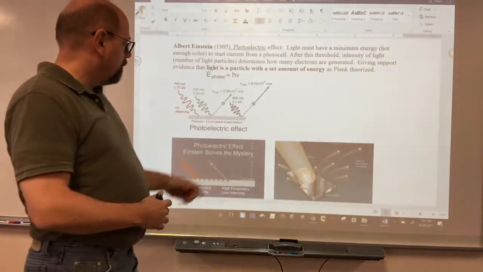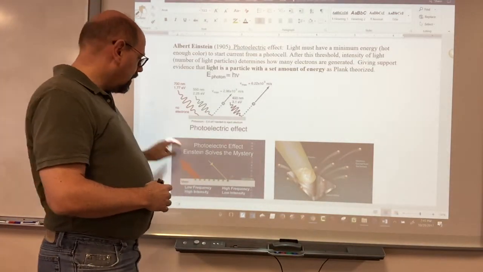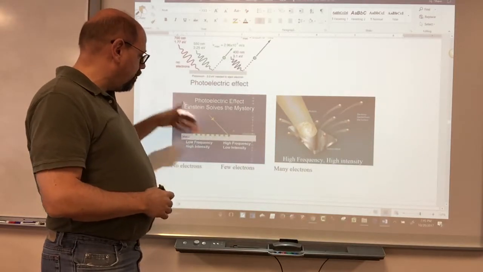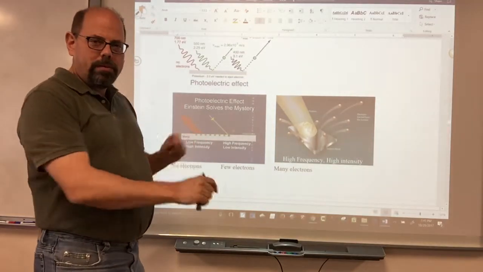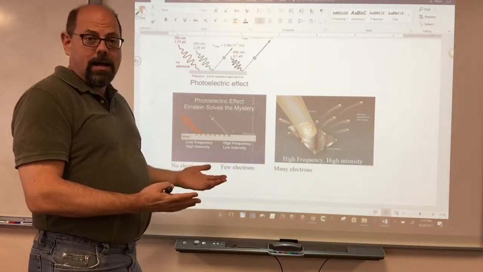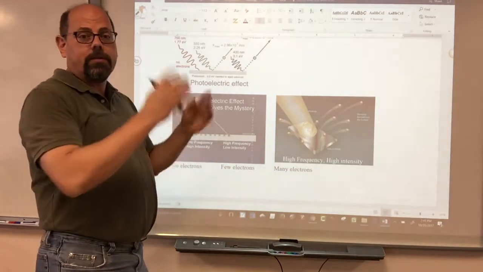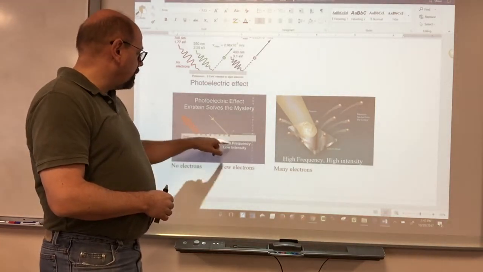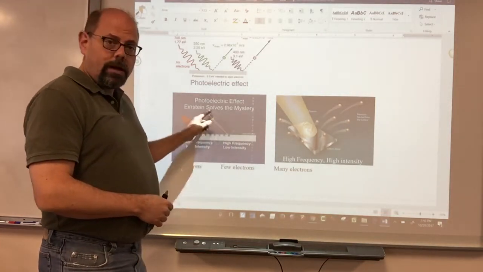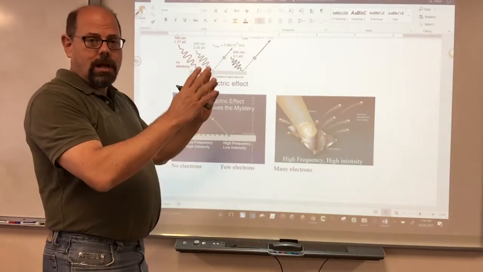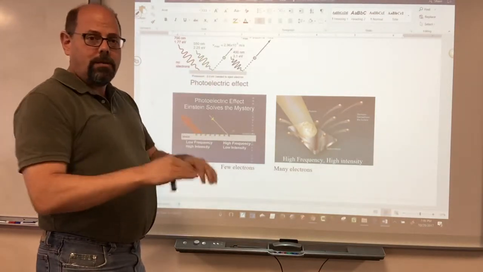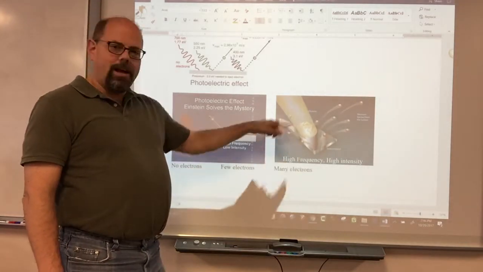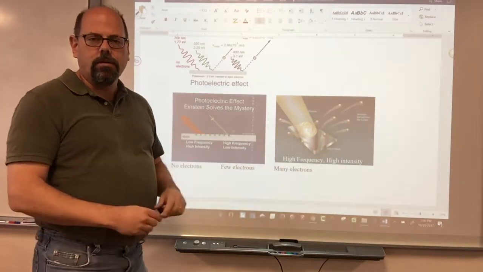Another way to think about it is that even as light is shined with more and more intensity, more and more beams of light hitting there, as long as it's not the right amount of energy, no electrons leave, no matter how many light beams you shoot. But once you get up to the right frequency, the right color, you'll knock electrons off, and depending on how many light beams you shoot in, like this more intense yellow, every light beam knocks an individual electron off.